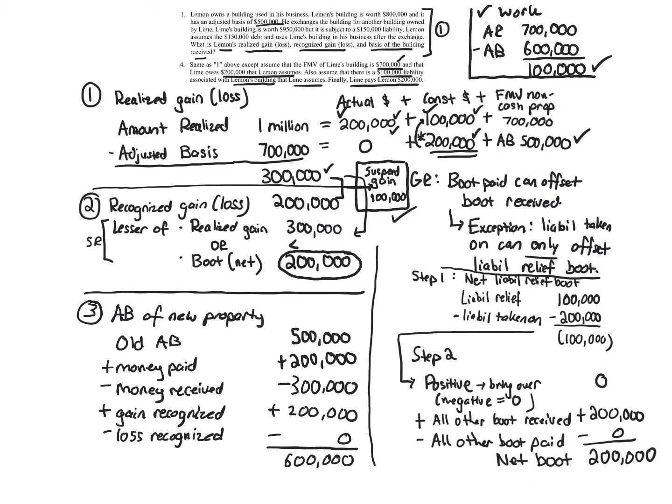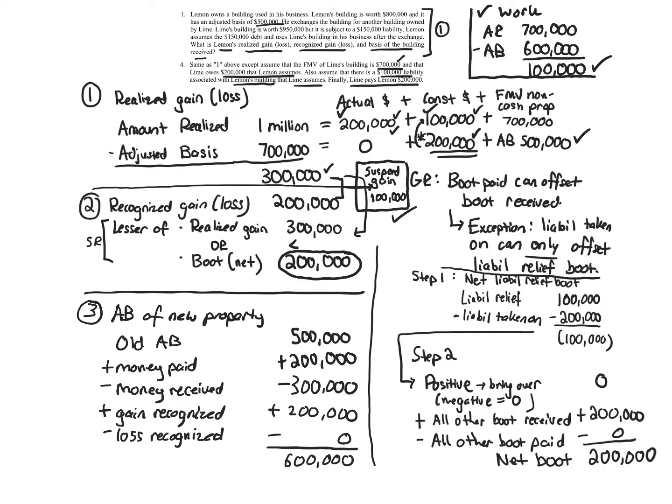Another thing to take notice of in problem 4: look at step 1 and step 2 for the netting of boot process. We had negative $100,000 in step 1, which translates to Lemon taking on $100,000 more of liabilities than the liability relief it received.